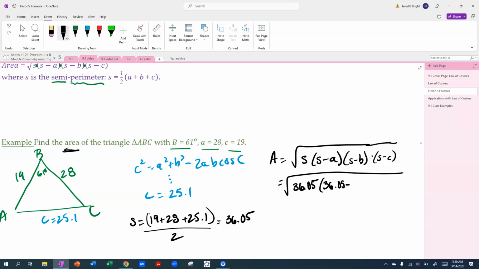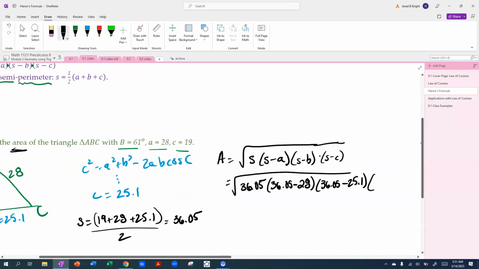36.05 minus, say, 28. 36.05 minus, so length B is 25.1. And then 36.05 minus 19. If I was putting this in my calculator, I would worry about the square root last, and I would just do the stuff underneath first, and then do the square root.